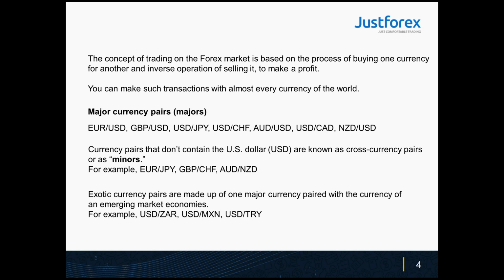And besides the majors and minors, we have the so-called exotic currency pairs. Those pairs are basically the currencies of the countries with emerging market economies. So basically those pairs are not so popular in the trading world, but definitely there's also the possibility to work with those specific currencies and look for the opportunity to work with them.